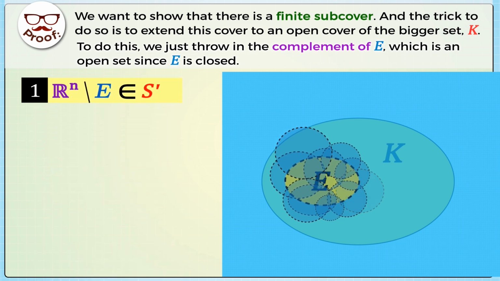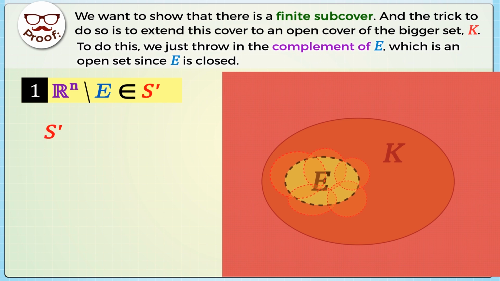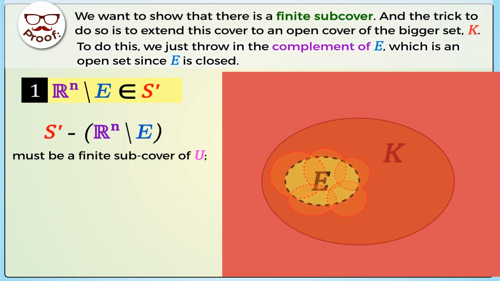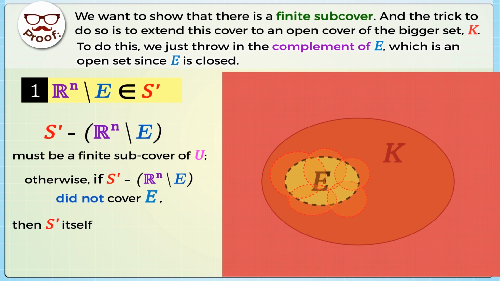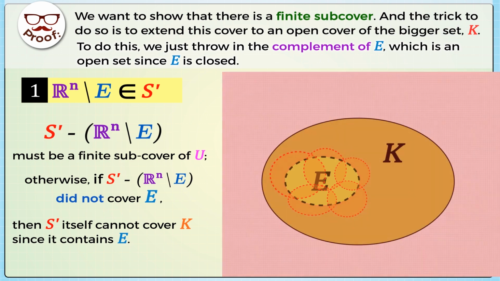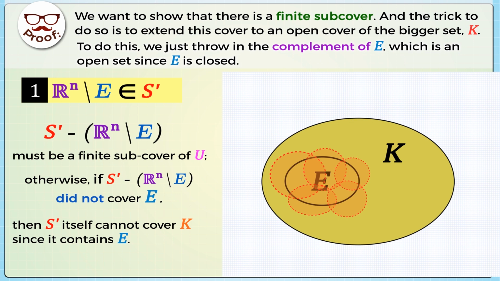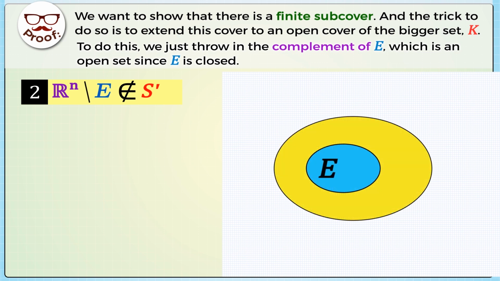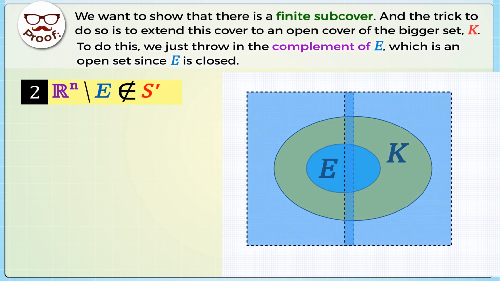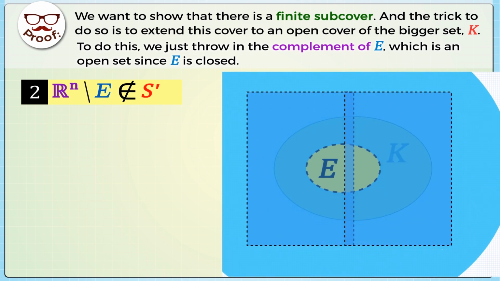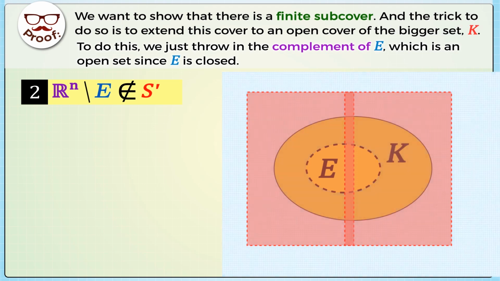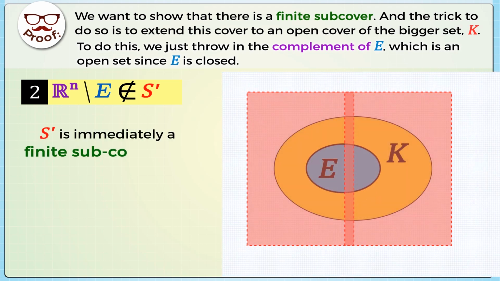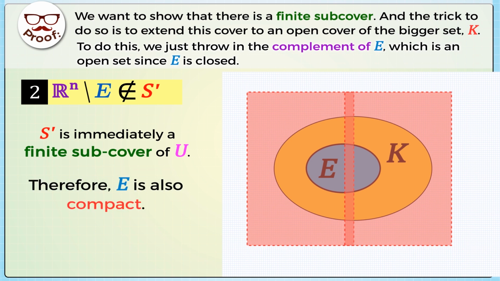In the case of the former, S prime with this extra Rn minus E element removed must be a finite subcover of U. Otherwise, if S prime minus Rn minus E did not cover E, then S prime itself cannot cover K since it contains E. In the case of the latter, S prime is immediately a finite subcover of U. Therefore, E is also compact.